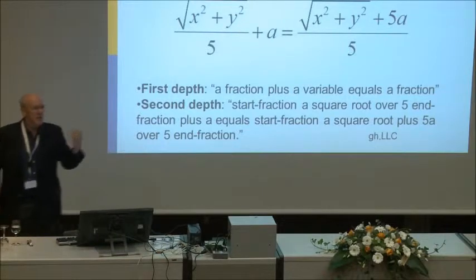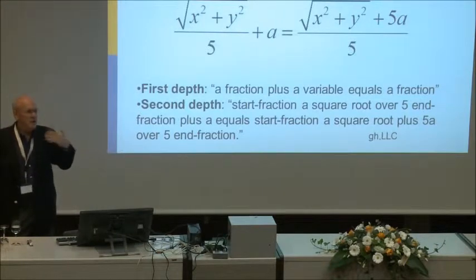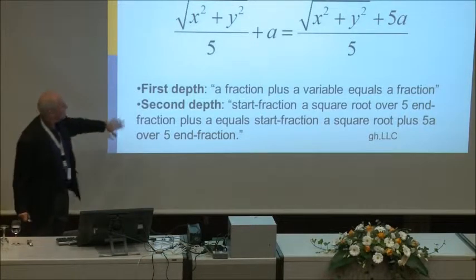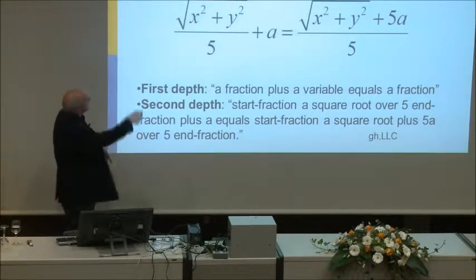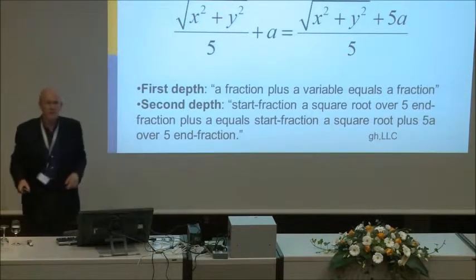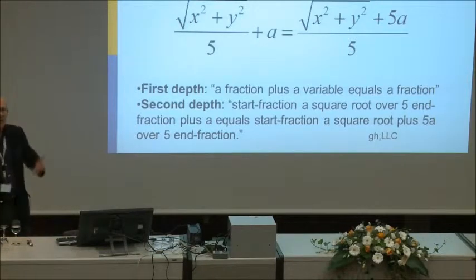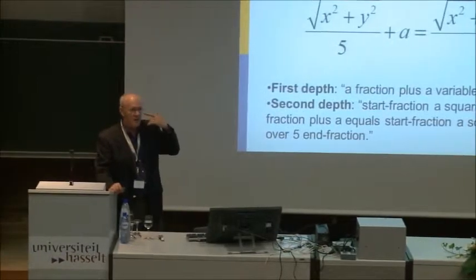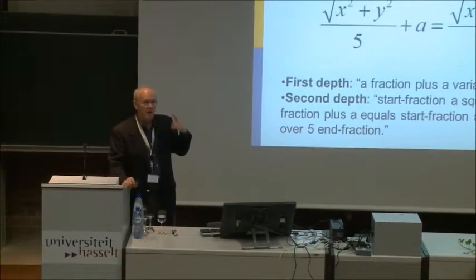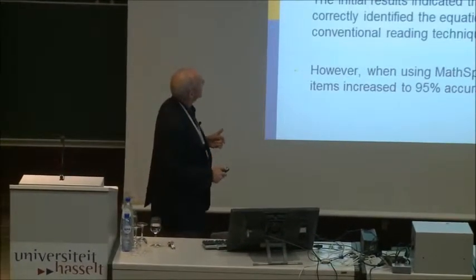So as you begin to hear that structure is being provided for you, you get closer to the accuracy of the equation. There's actually third level depth because neither of these address this information up here in the square root, but that's addressable at the third level. So it's a way of leading someone just by hearing through very complex mathematics.